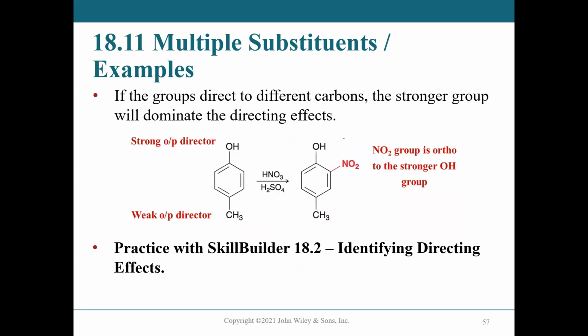So if the groups direct to different carbons, the stronger group will dominate the effects. Then we have to see if it's a strong director or weak director. So, let's see what we have going on here. Take my pen. So this is an ortho-meta-para. Let's change the color.